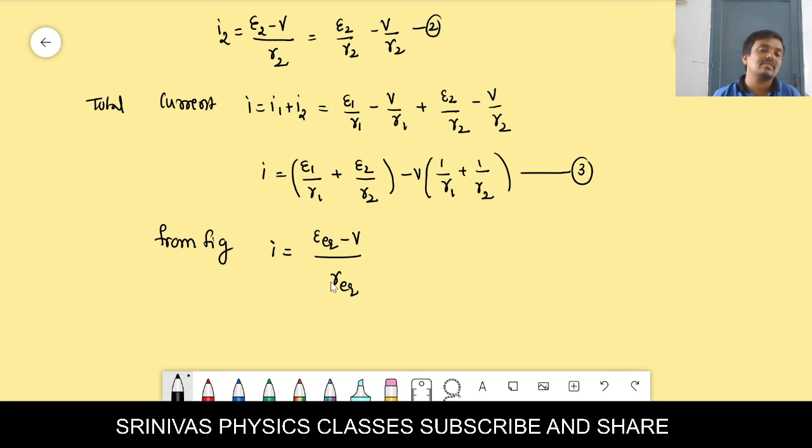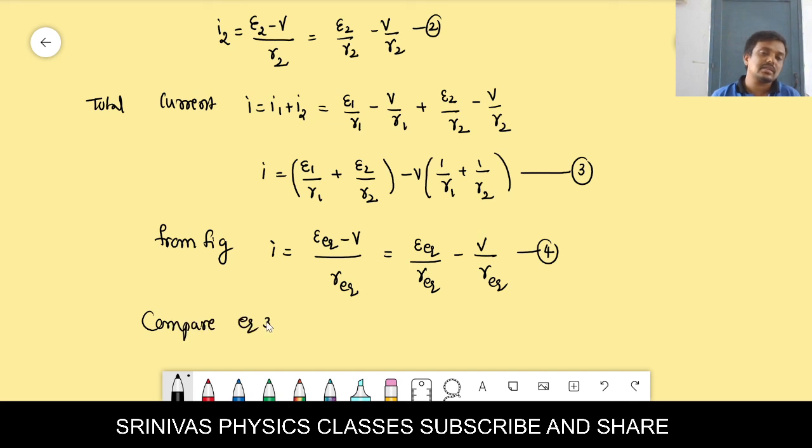We should not write V equivalent or V1, V2, why? Because V is the same in the parallel combination. Then here we write E equivalent by R equivalent minus V into 1 by R equivalent. This is equation 4.